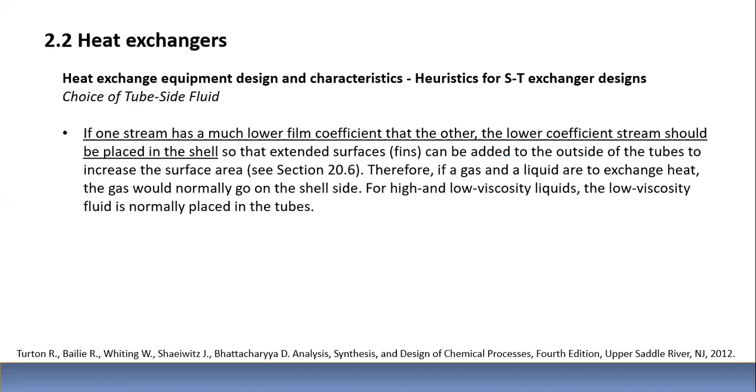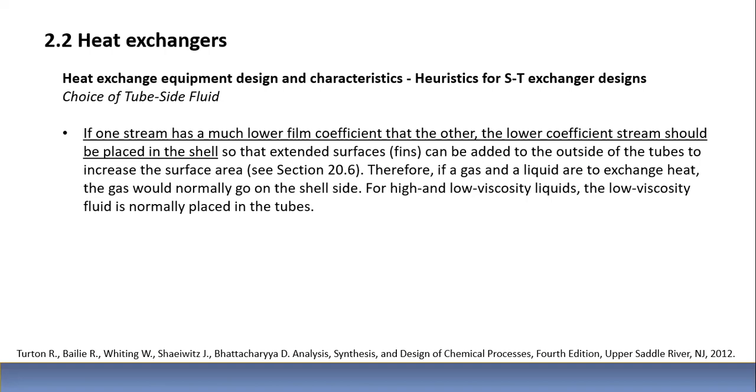Choice of tube side fluid. If one stream has a much lower film coefficient than the other, the lower coefficient stream should be placed in the shell so that the extended surface of the fins can be added to the outside of the tubes to increase the surface area.